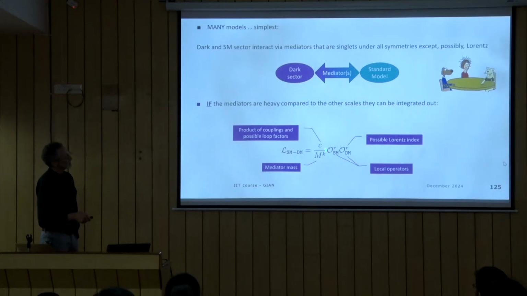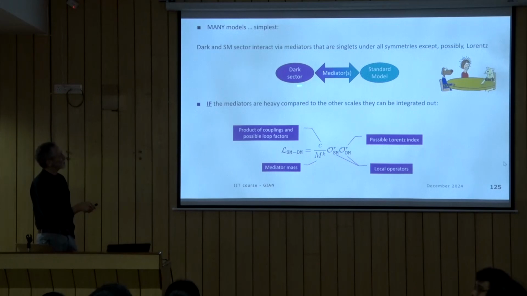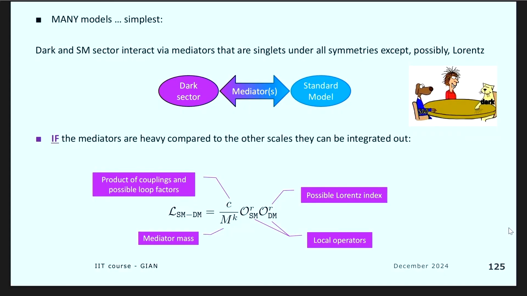You get the thing the mediator couples to in the standard model, and the thing the mediator couples to in the dark sector, and I've integrated out, which in this simple vision is just kind of a propagator between this and this.